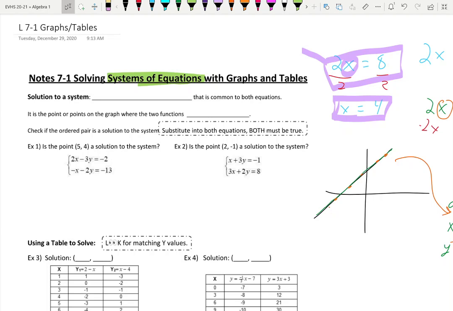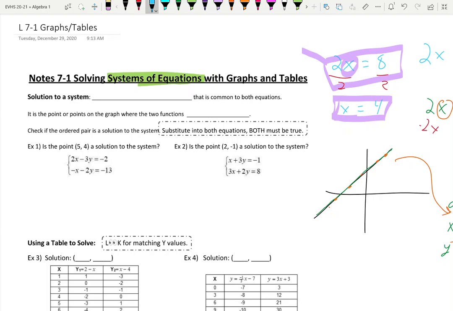All the way through the unit, we'll talk about the different situations where it'd be best to use each method. But this entire unit is going to be all about solving equations when you have two equations and two variables. And just a little preview for what's coming later, you actually can do this with 3 variables and 3 equations, 4 variables and 4 equations. We would never go beyond that.